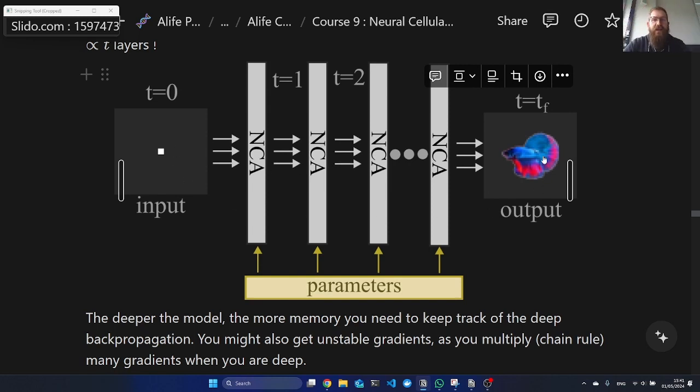So at the end of the day, when you need to do the backpropagation, you need to do backpropagation through a neural network which has a number of layers proportional to the amount of time you evolve it for. And so if you have a neural network which is very deep, it's much harder to do machine learning and gradient descent because you have a bunch of problems like exploding gradients, vanishing gradients, etc. So in practice, you should not choose a time which is too big, right? It would cause problems.